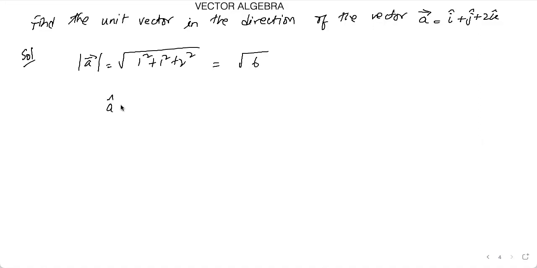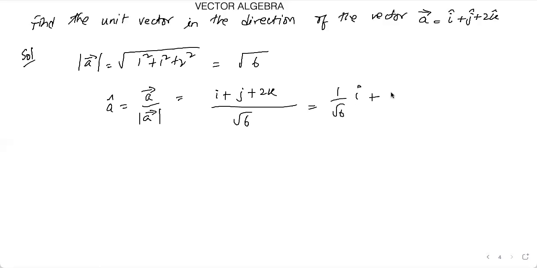And a cap would be a by mod a, right? So that would be i plus j plus 2k divided by root 6. Or again, we can write this as 1 by root 6 i plus 1 by root 6 j and 2 by root 6 k.